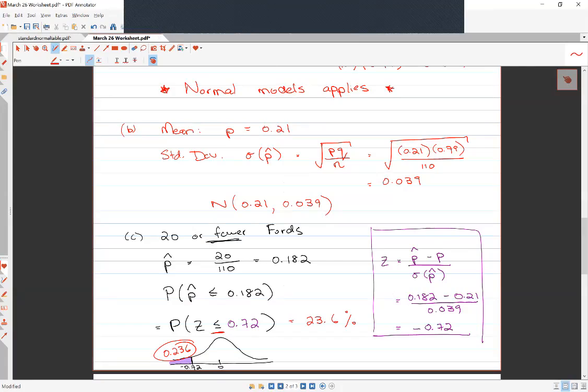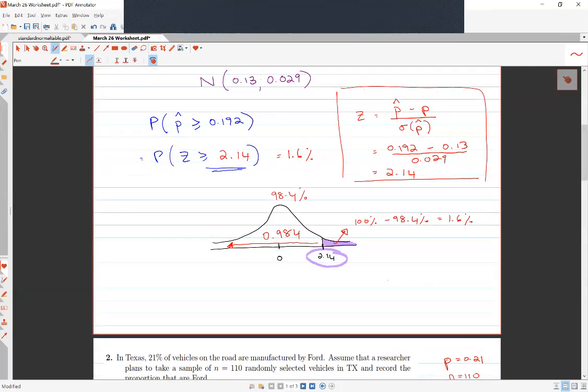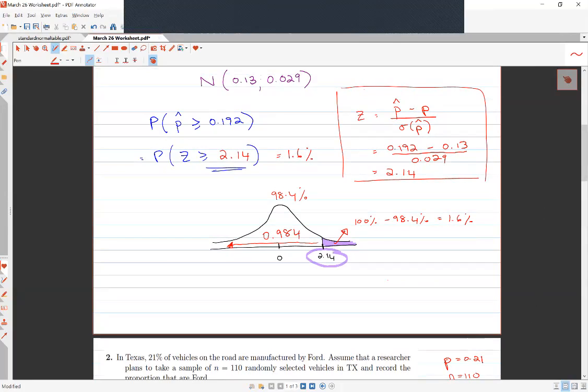It's 23.6%. I could use the value from the normal table directly. So just pay careful attention. If you let me scroll up here for a minute. In our previous example, we had a greater than or equal to, and that meant that we wanted to find the probability to the right of our z-value.